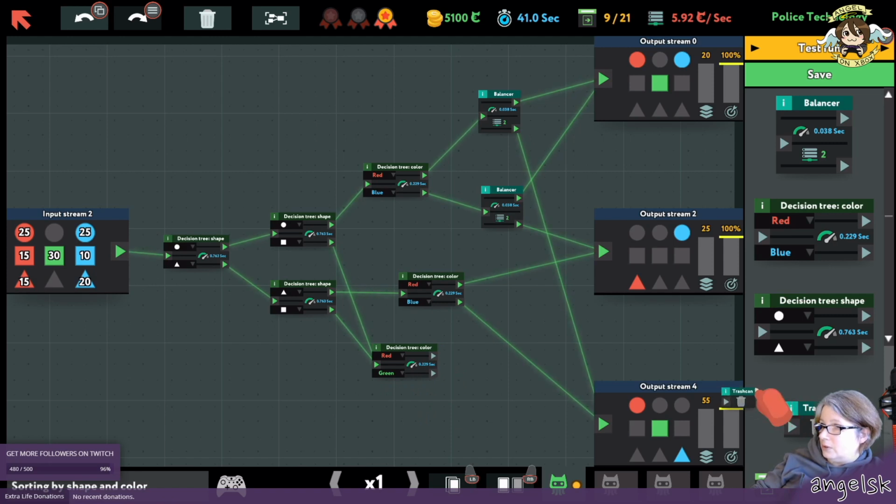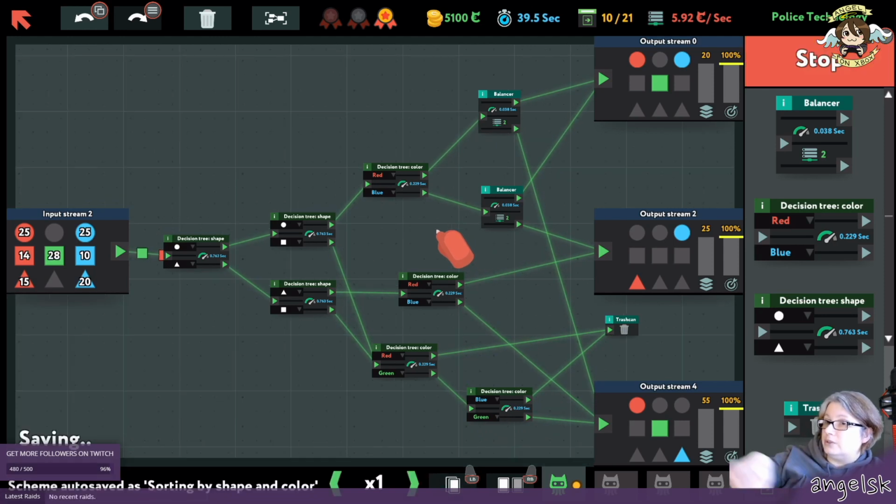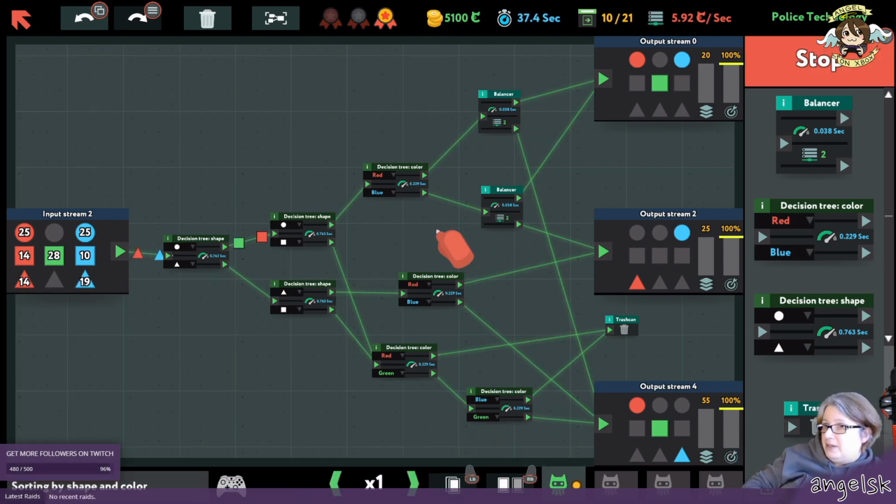Green. Okay, so red here, trash can. Filter again. Green. Oops, come on. Right, and we could also copy that whole thing and load balance it as well.